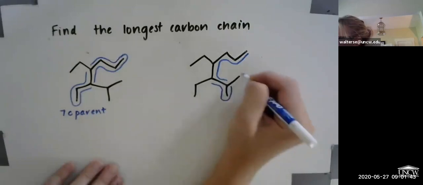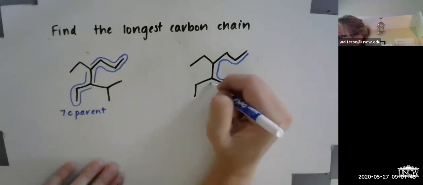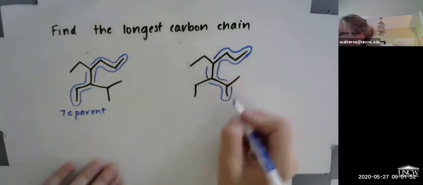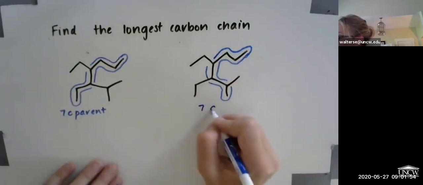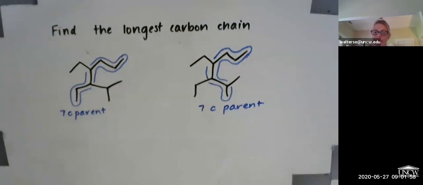And if you had gone up here, that would have been fine too, because this is 1 carbon, this is 1 carbon. But on this one, you also get a 7 carbon parent. So now we have to decide which of these two is the better chain before we start to determine the numbers.